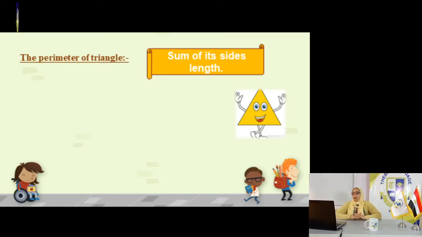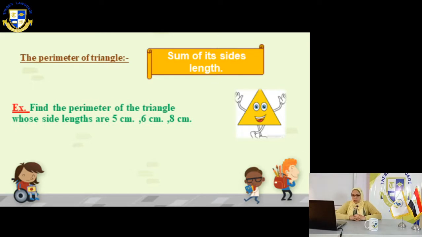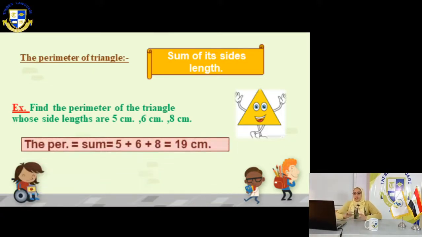Okay? Now, we have an exercise. Find the perimeter of the triangle whose side lengths are 5 and 6 and 8. If the lengths of the triangle are different like that, please get the sum of them. To get the perimeter, get the sum of them. Equals 5 plus 6 plus 8 equals 19 centimeter.